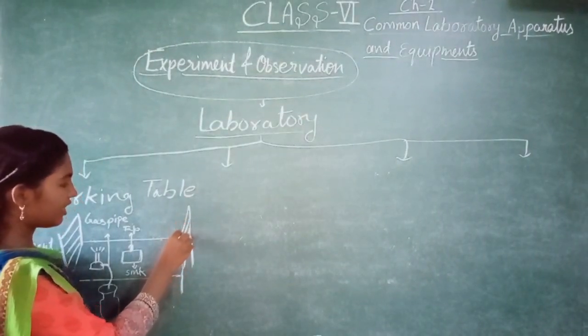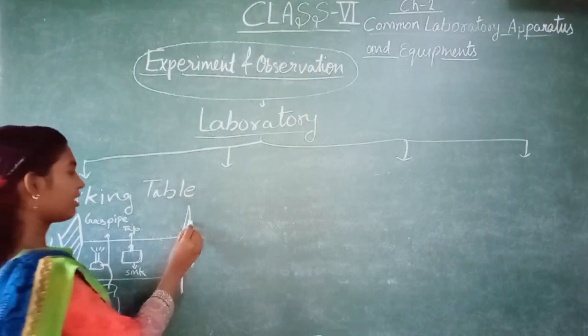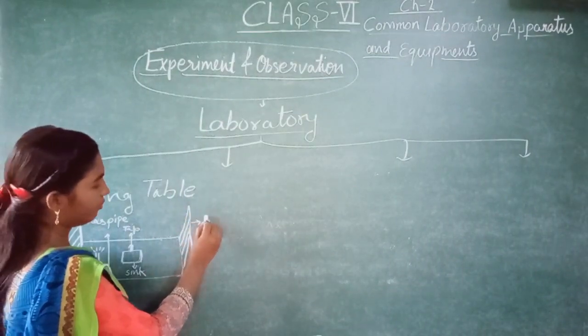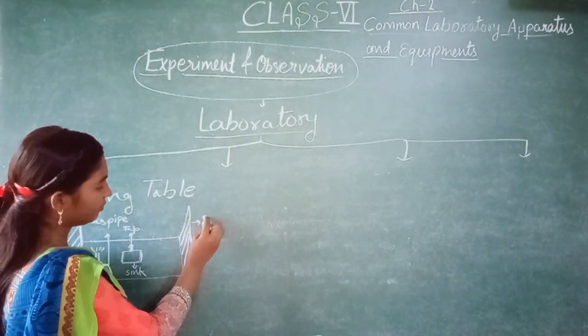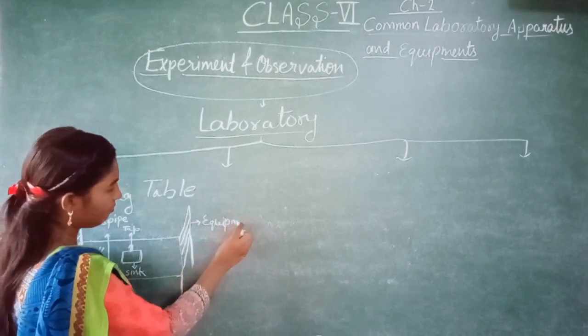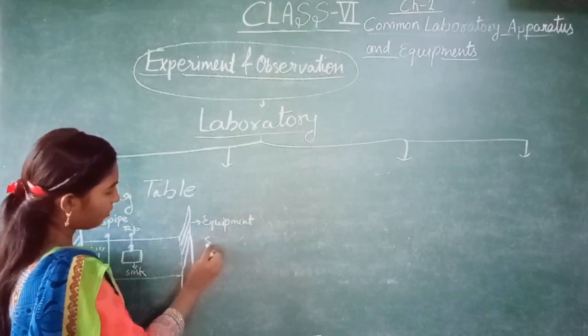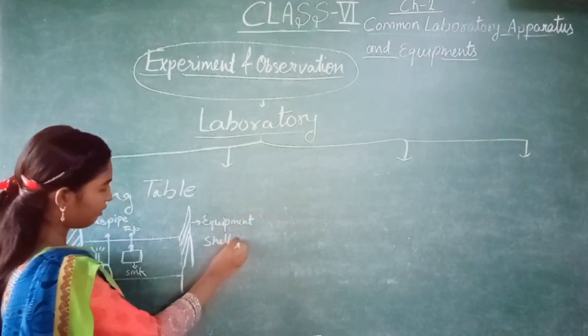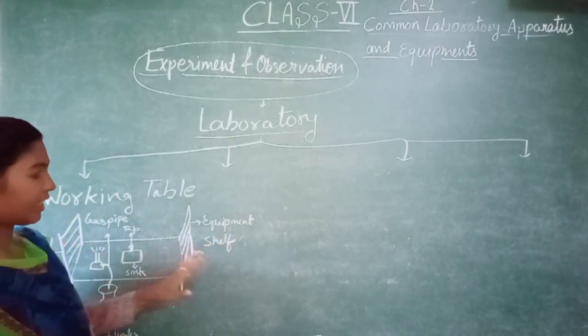So this is the second shelf in which we are keeping equipment. Equipment shelf. So this is all about the working table.